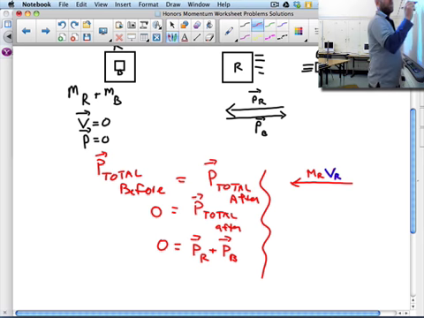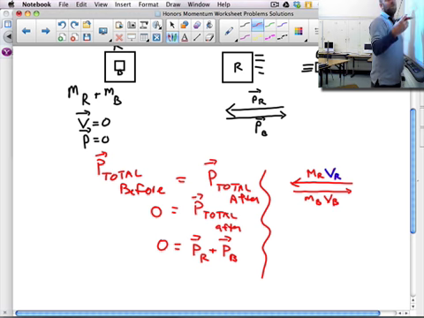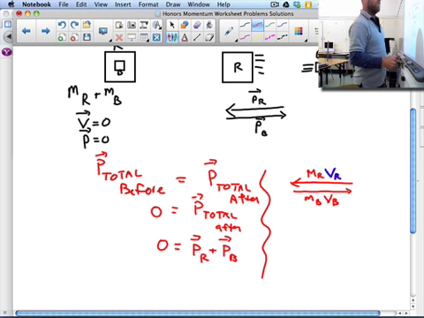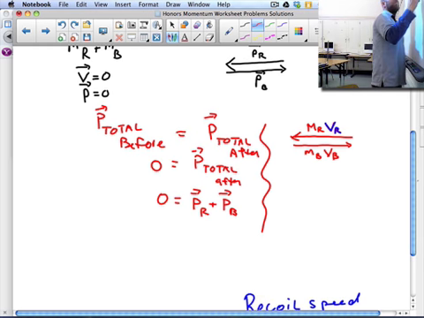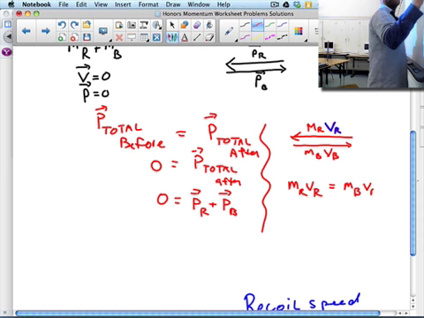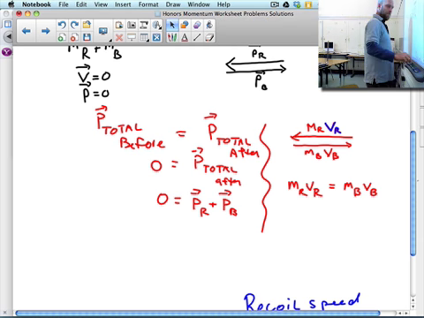But we know the mass of the bullet, and we know the muzzle velocity of the bullet, or the velocity of the bullet when it leaves the rifle. So the mass of the rifle times the velocity of the rifle has to equal mass of the bullet times the velocity of the bullet. Okay?